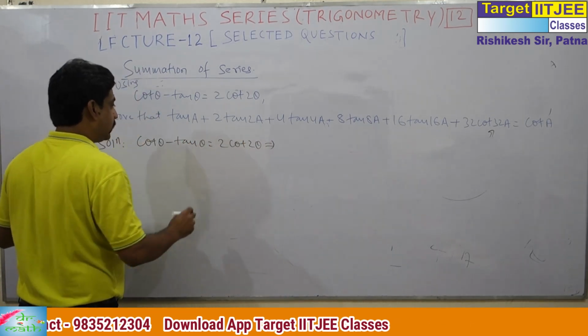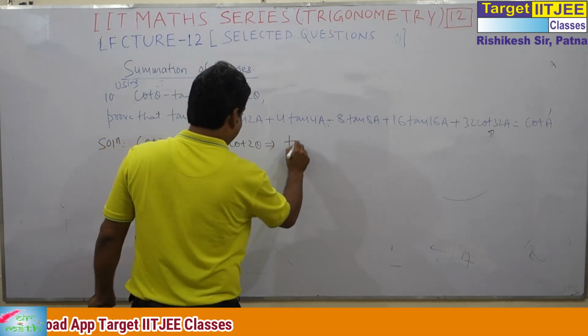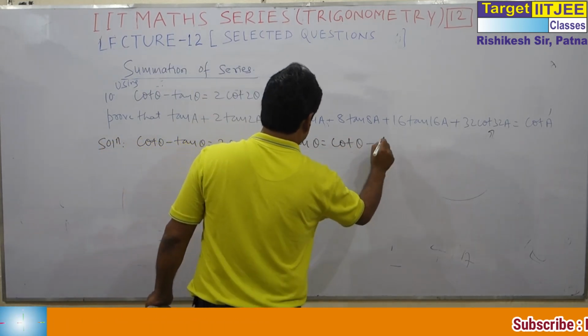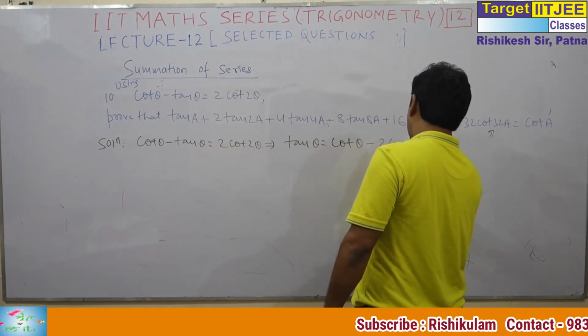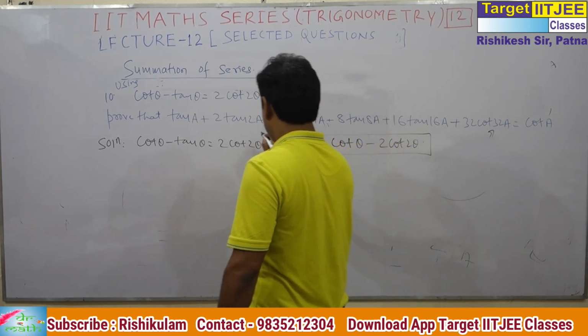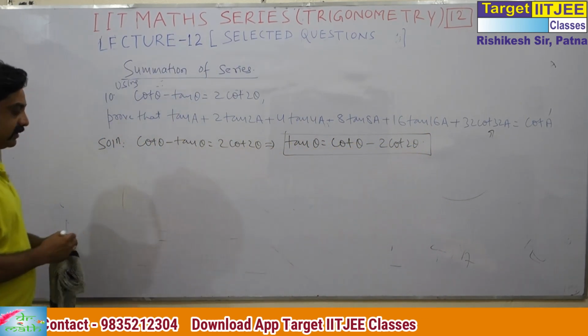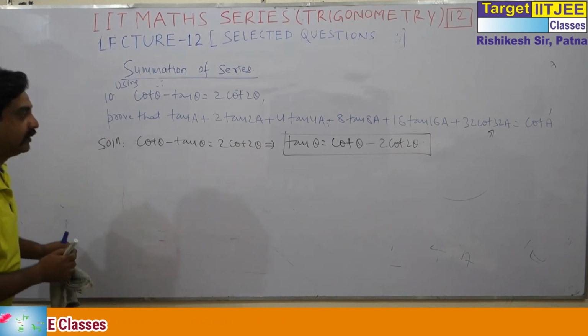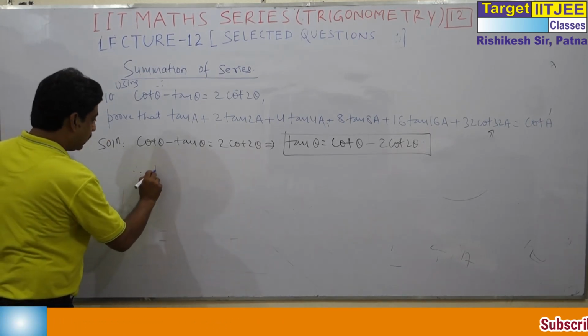It will give tan theta is equal to cot theta minus 2 cot 2 theta. Be careful about sign. Am I correct? Yes, it is correct. Now, therefore, what is tan A?